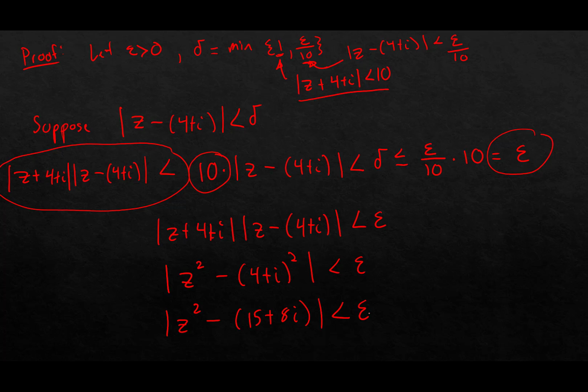And then boom, that's exactly what we wanted. Now this is our f of z minus L is less than epsilon, and we are good to go. All right, so that's it for epsilon delta proofs. We'll get some more practice with this in class, and I will see you all then.